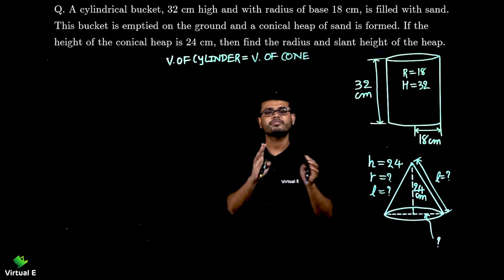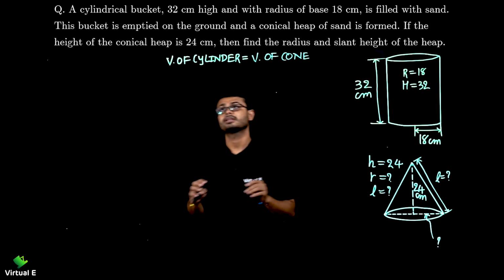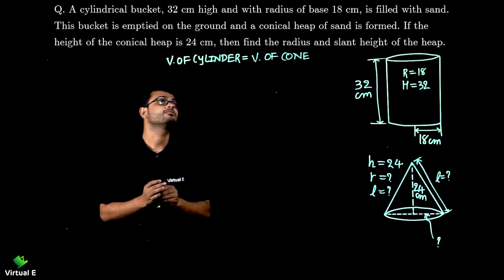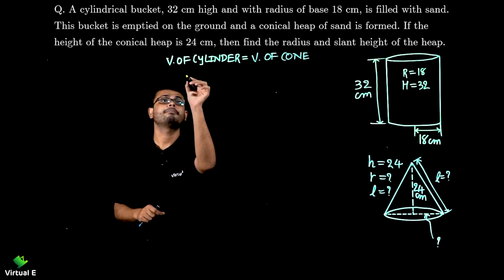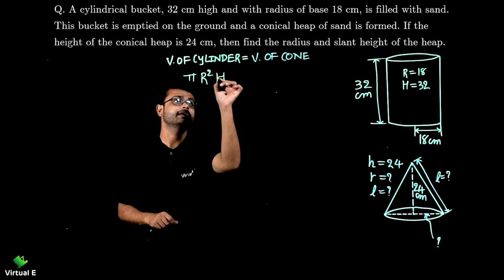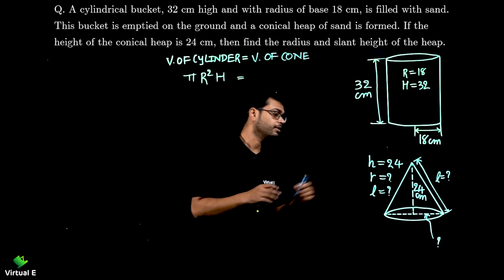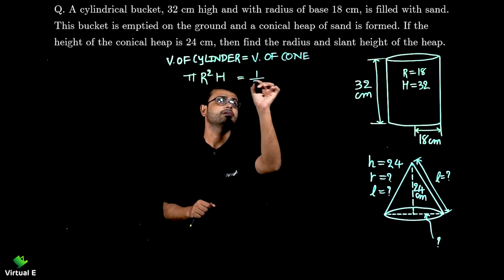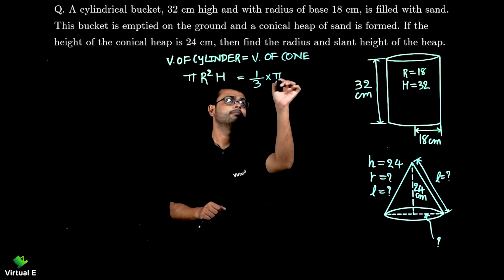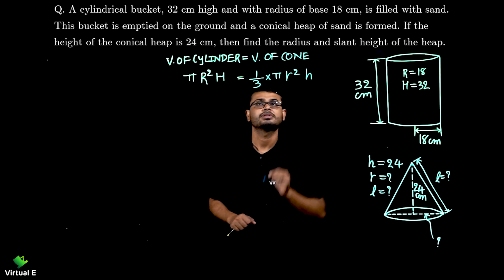So we just differentiate between the radius of the cylinder and the radius of the cone, nothing else. So we start with the volume of cylinder, that is pi, then capital R square and capital H, remember, is equal to the volume of cone, that is 1/3 of pi r square h, right?